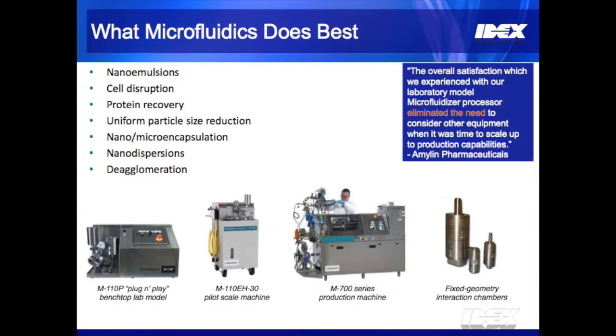This is basically what we do best. We create nanoemulsions. We do cell disruption for biotechnology applications with very high protein recovery. We do very efficient particle size reduction and encapsulation, and we work with both nanodispersions and on deagglomeration applications.